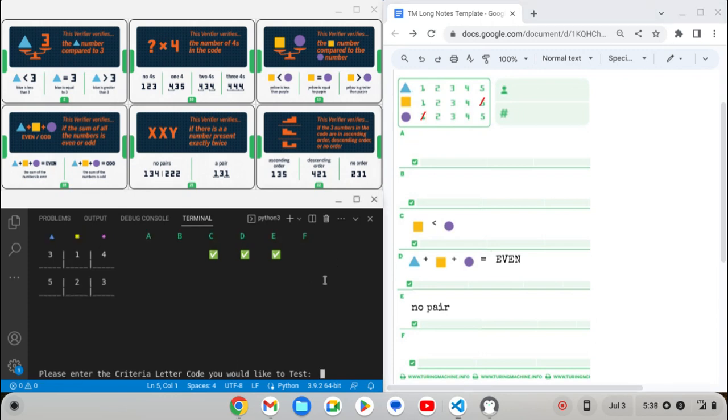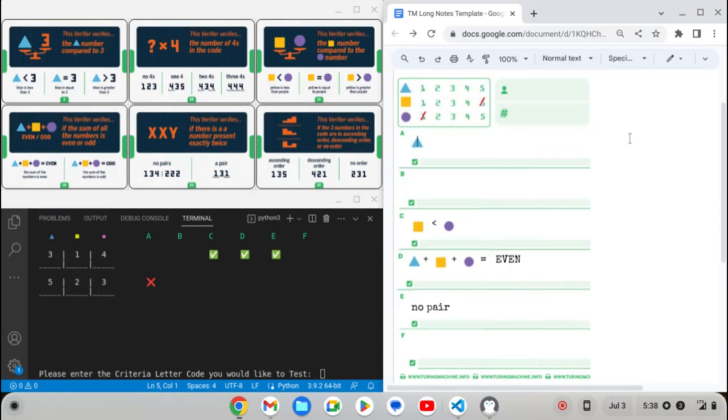Okay, so let's try criteria card A and see what we get. No, okay, so bad call. The only thing we can say for sure is that the Turing machine does not agree that my triangle value should be greater than 3. So it's either less than 3 or equal to 3. Let me go ahead and type that up.